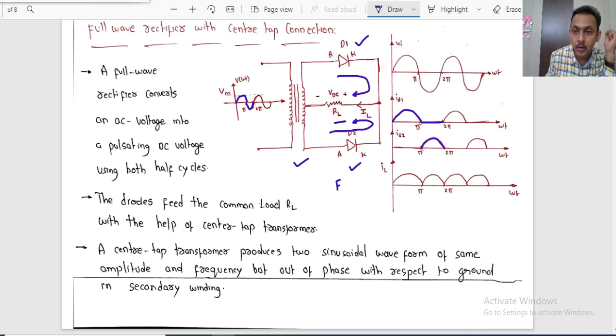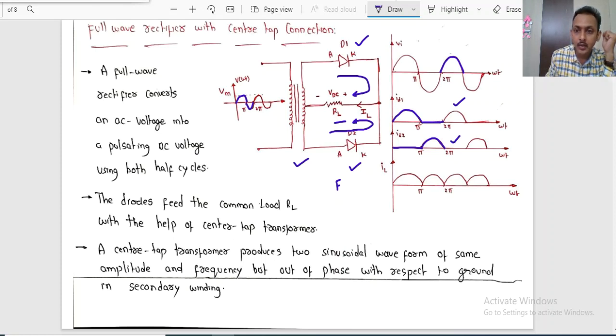And if you observe, during the positive half cycle within 0 to pi, diode D2 is not conducting. Like this, the process gets repeated. Again from 2 pi to 3 pi, diode D1 will be conducting and diode D2 will be in the off state.